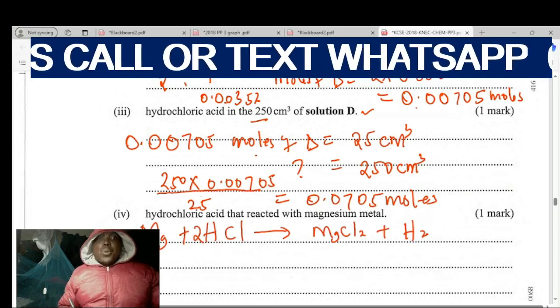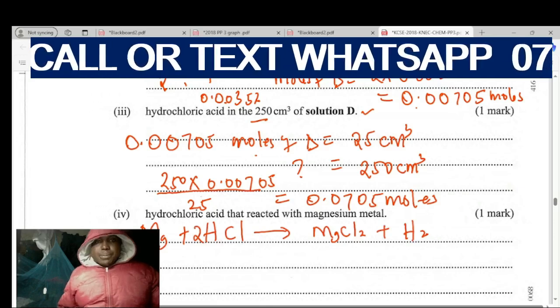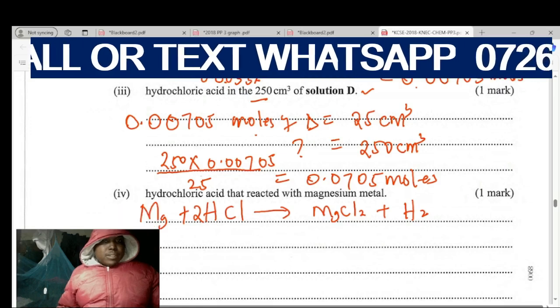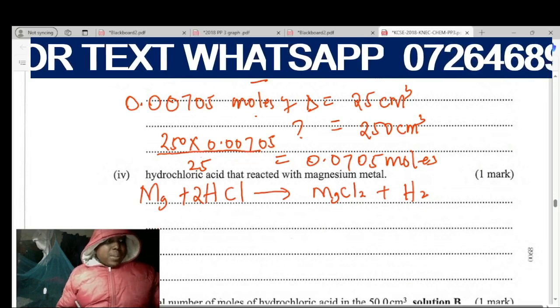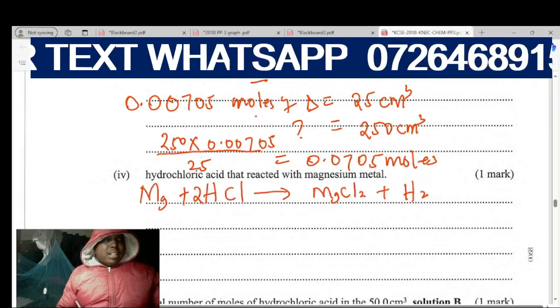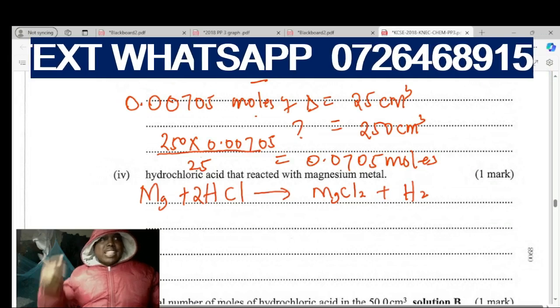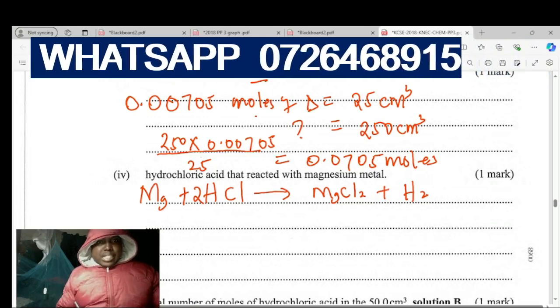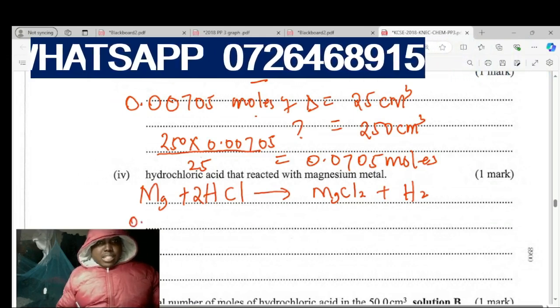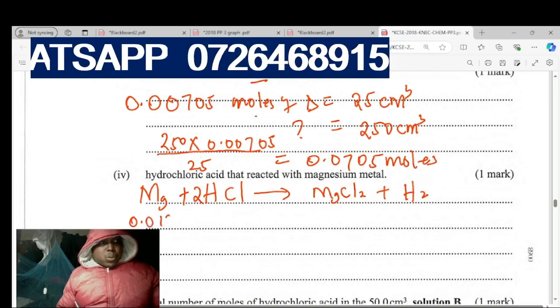Now we have the number of moles of HCl here. We can get the number of moles of magnesium. To know the number of moles of HCl and react, tuko na number of moles of magnesium. Remember, we calculated the moles of this tukapata ni 0.0125.